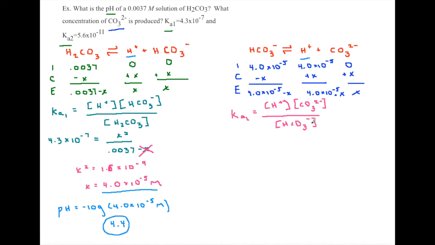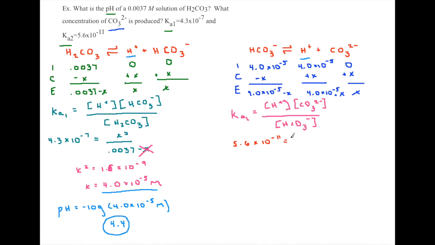And so what I find is that my Ka2 is 5.6 times 10 to the negative 11th. That was given to me. I know my concentration of H+ is 4.0 times 10 to the negative 5th plus X. I'm going to make the assumption that X will not influence that value.